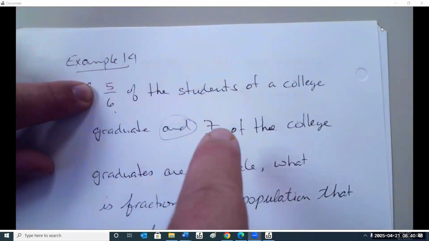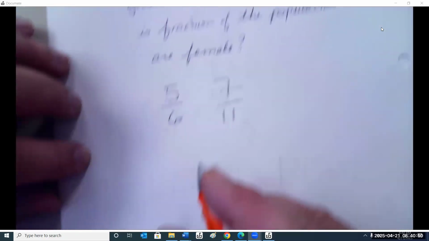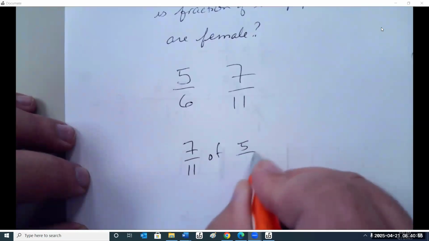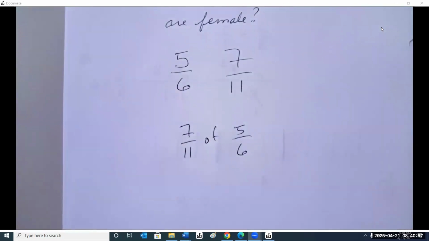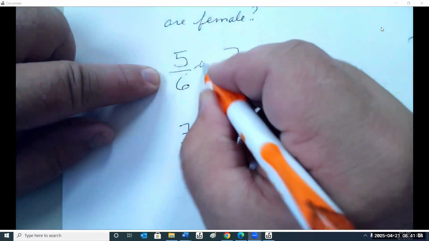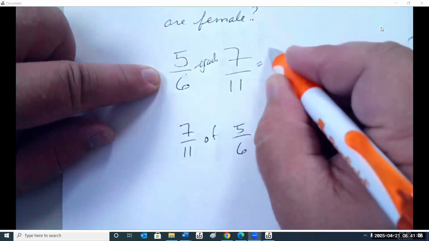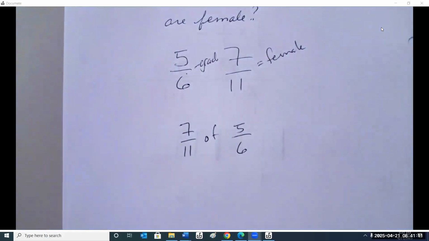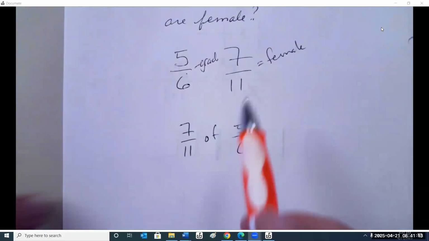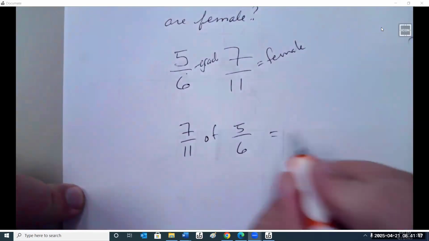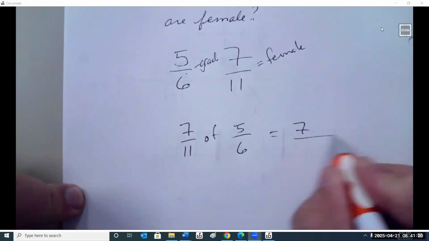So 7/11, what this says is 7/11 of the 5/6 are female. Because we have 5/6 of people graduating, and 7/11 of those are female. So it's 7/11 of the 5/6, which means we have a multiplication.